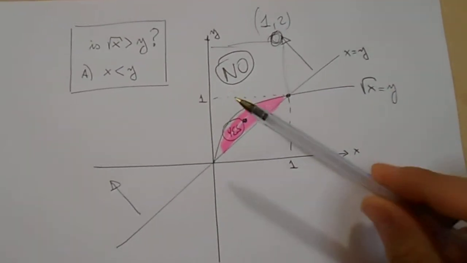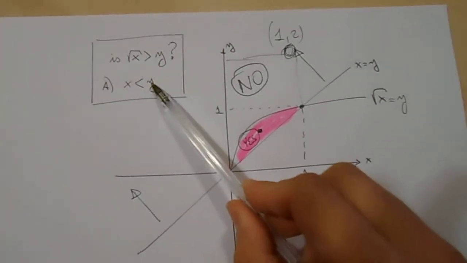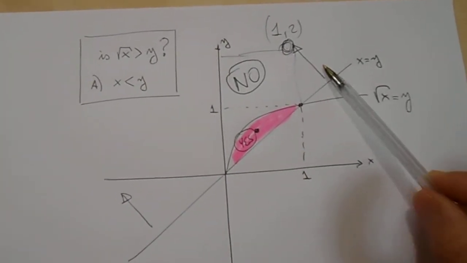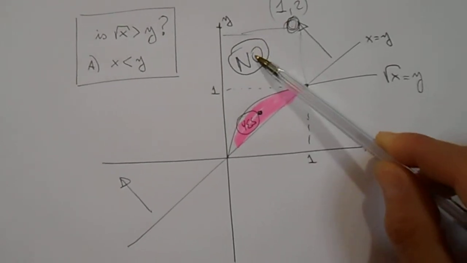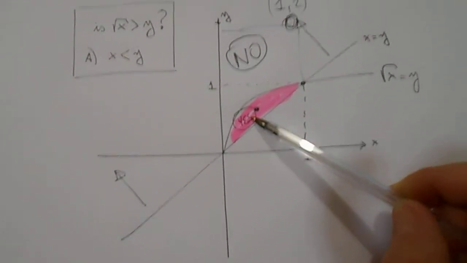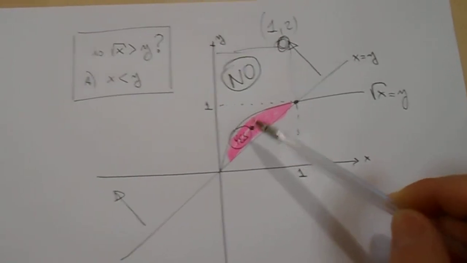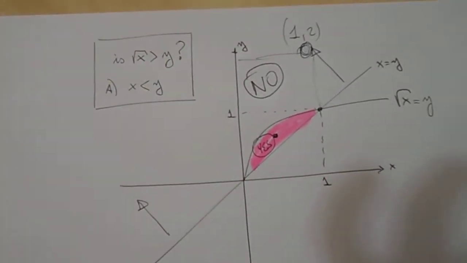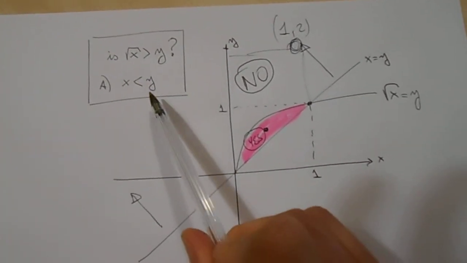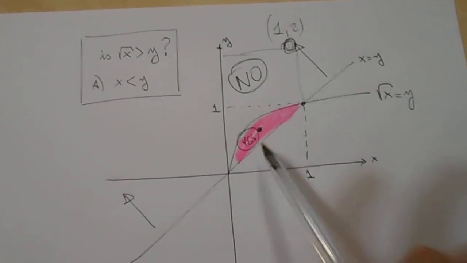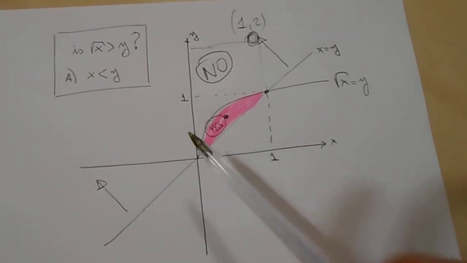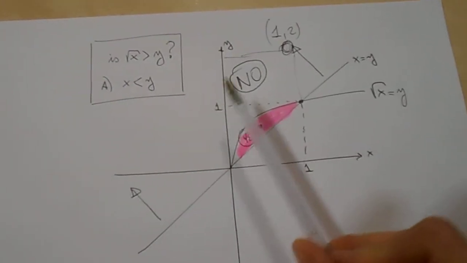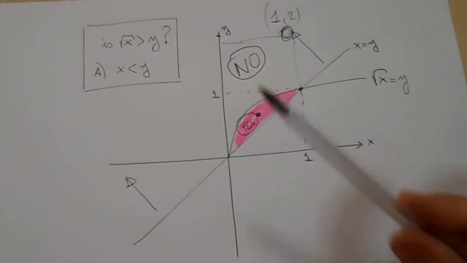So statement A defines all the area on top of the line, and for some points in that area the answer to the question will be no, and for other points the answer will be yes. So statement A is not sufficient to answer the question. Sometimes I answer no, sometimes yes. And that's why this is such a visual and good way of solving data sufficiency problems.